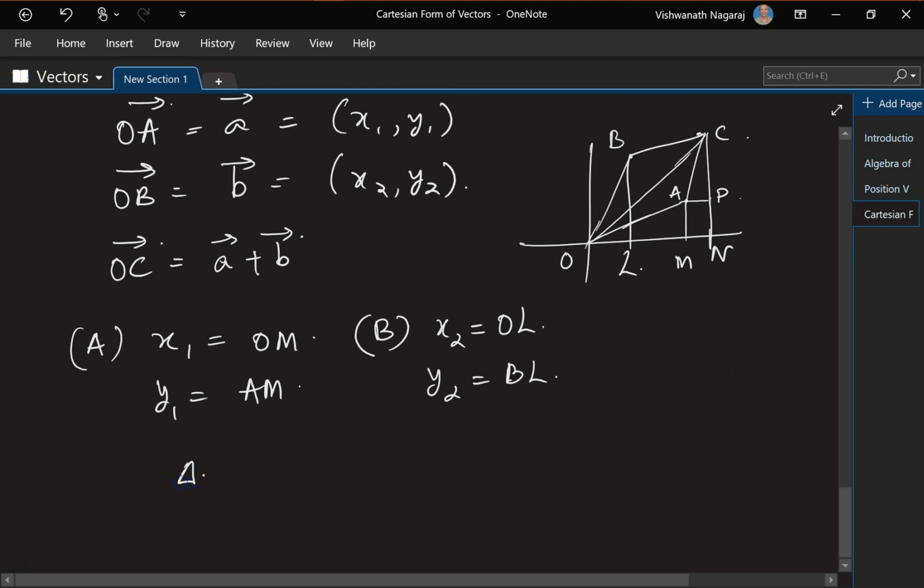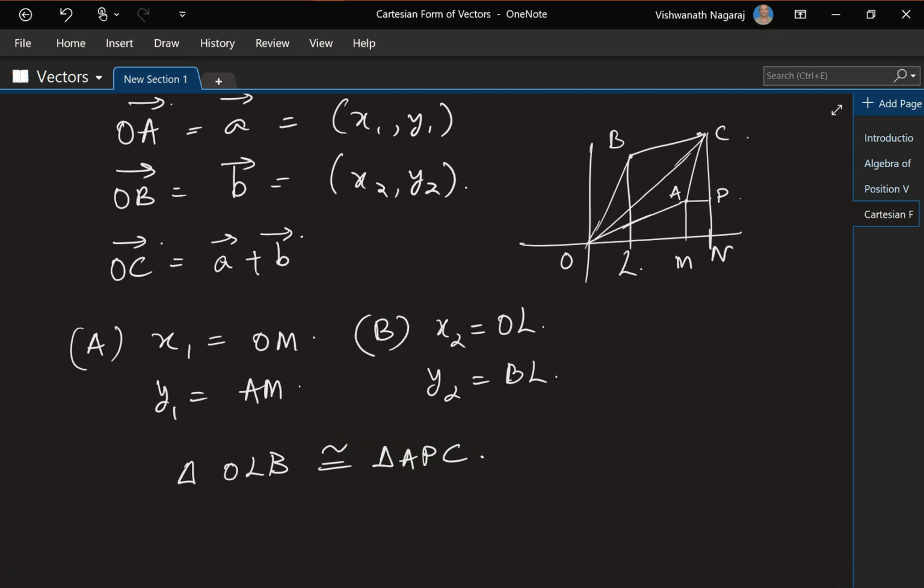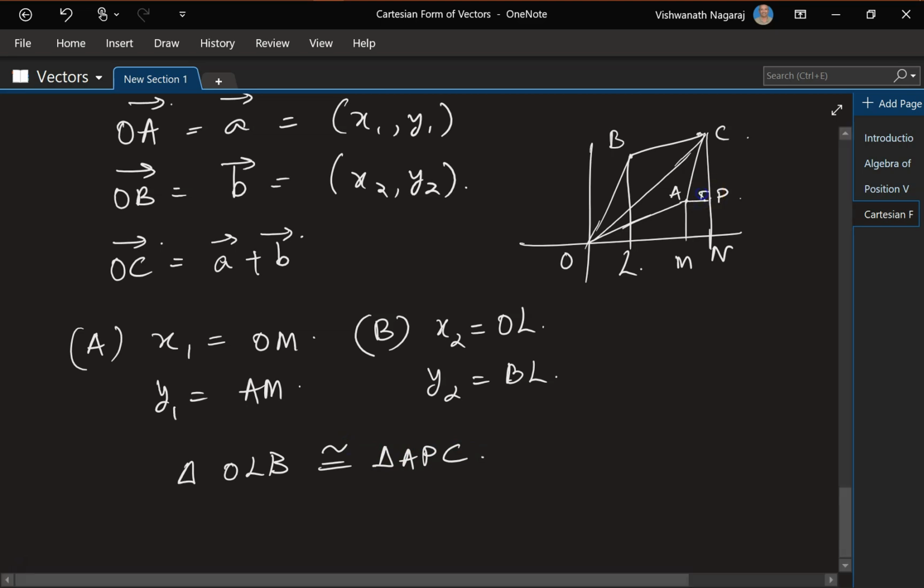So if we look at triangle OLB, we know it is congruent to triangle APC. Why? Because they both are right angled and OB is equal to AC.